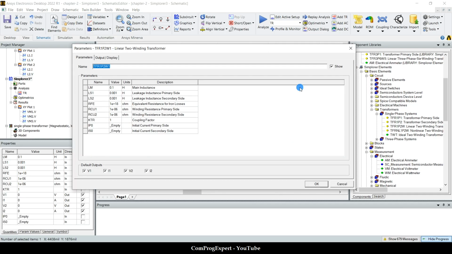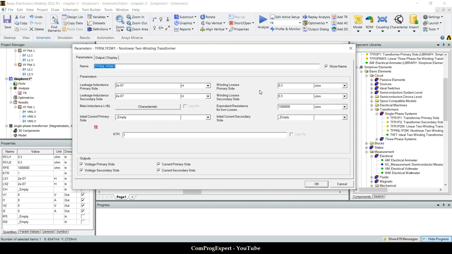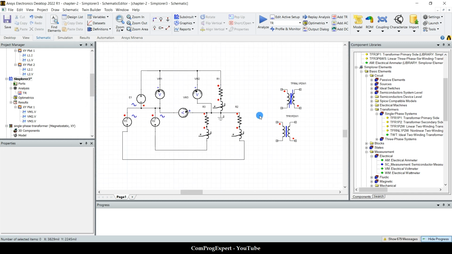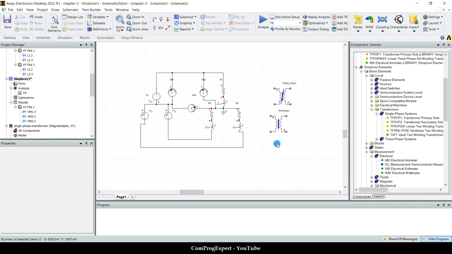And here we have these parameters for the nonlinear single phase transformer. Again, we have losses. Here we have leakage inductance for the primary and secondary, and the main inductance, or mutual inductance, between the primary and the secondary. This is not in the scope of this video, right?